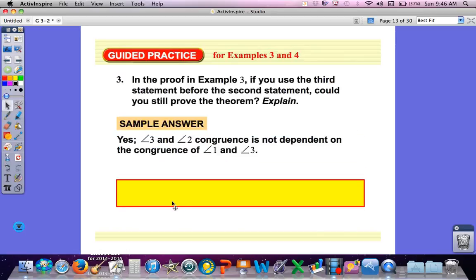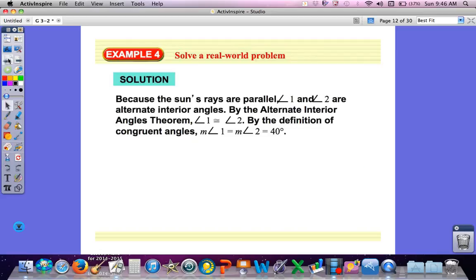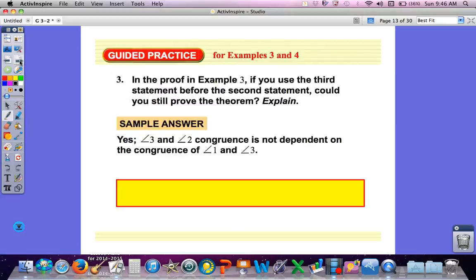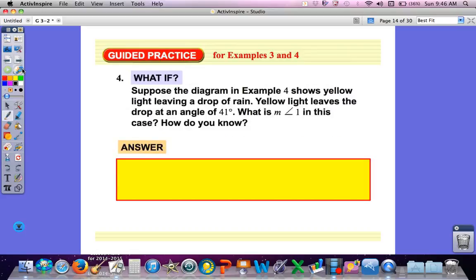Yes. You could still use the same theorem, and that's why sometimes kids get confused by proofs. This could be step 2, this could be step 3, and you would still be able to prove congruence.